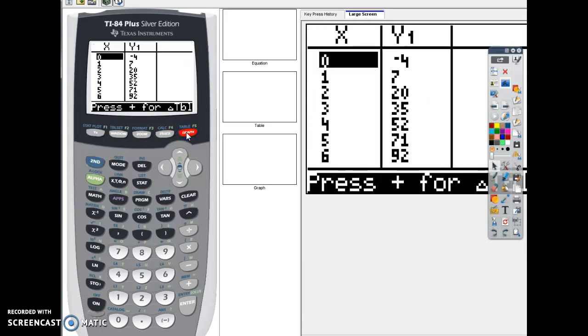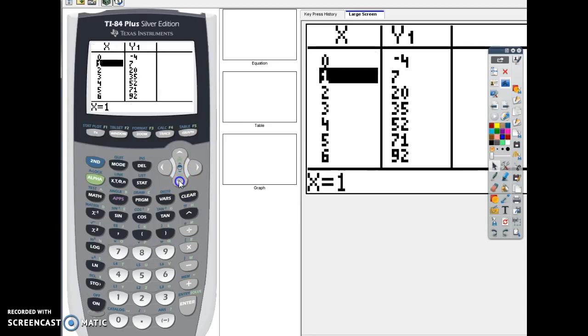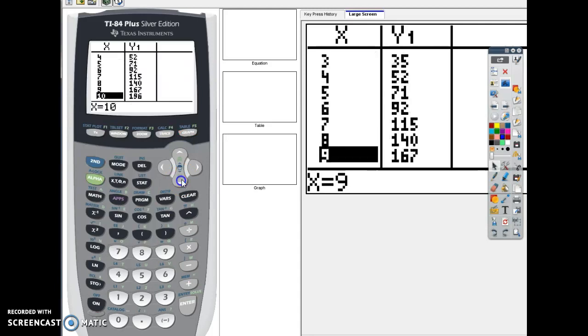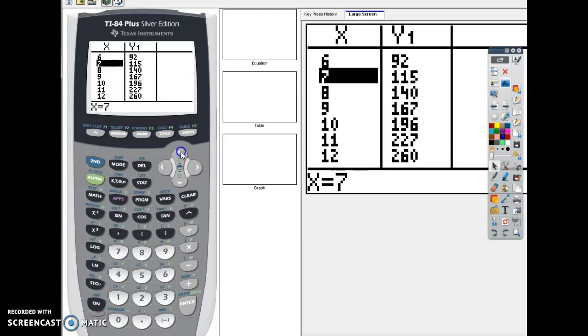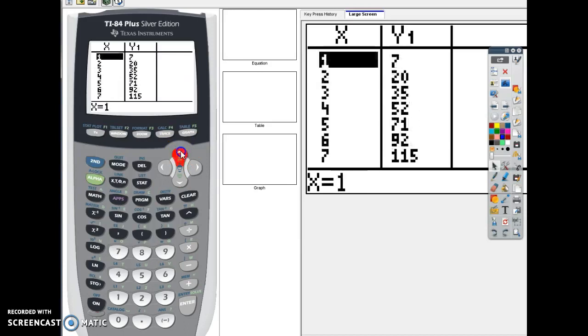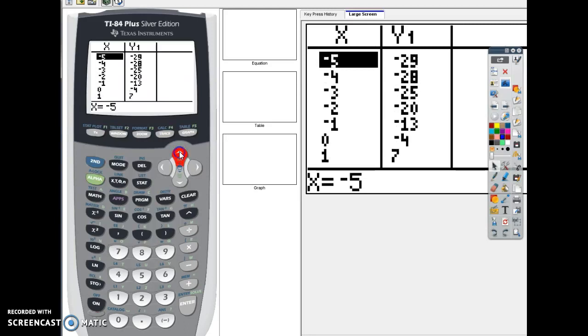Second graph, and let's go look for when the numbers start repeating. If I go down the positive numbers, those numbers just keep getting bigger and bigger. So I'm going to have to go back to the negative numbers and see if I see anything repeating. And there it is. I see them repeating right here.